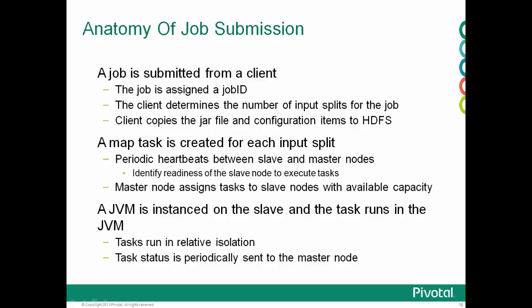A JVM is instanced on the slave and the task runs in that JVM. This means that every task will run in relative isolation from any and all other tasks running on that data node in the cluster. Task status, as far as progress, etc., is periodically sent from the data node through the task tracker to the master node.